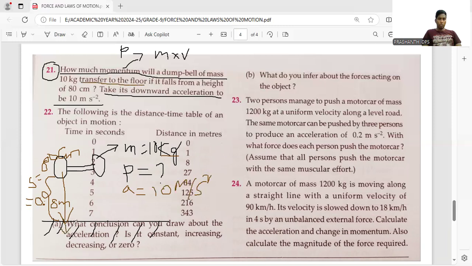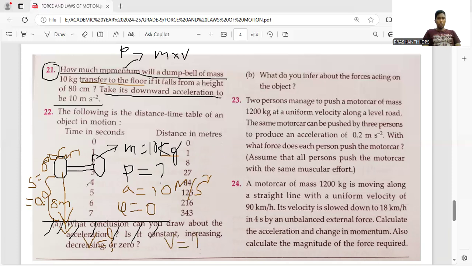Whatever velocity is transferred to the floor, that is what is being asked. It means it is the final velocity. For the initial velocity, let us consider the dumbbell is at rest. So u will be 0, and we need to find v, the final velocity.